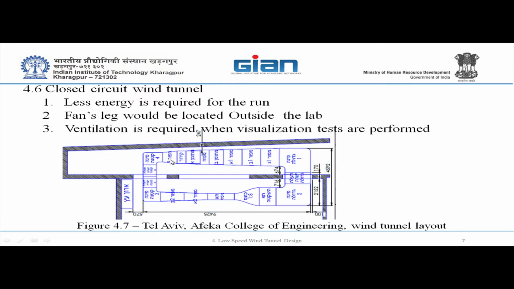So there is a diffuser here, there is a heat exchanger section which is not used now. In this layout, we just kept the possibility to have a heat exchanger there, and there is this section that transforms square to round.